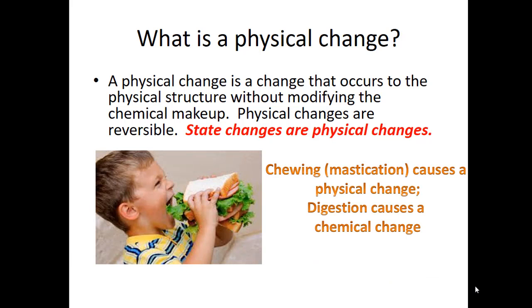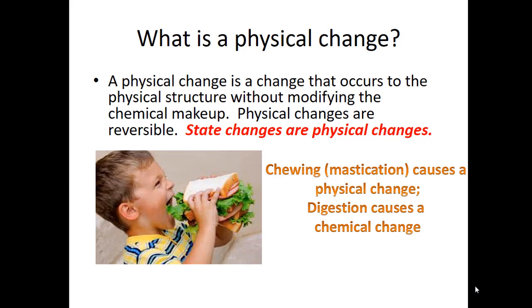If you take a sandwich, see this little kid enjoying this nice big sandwich, chewing the sandwich up is a physical change, right? Putting the bread and the meat and the lettuce in your mouth and chewing it up is a physical change. Now, it might be difficult to put the sandwich back together afterwards, but you can.